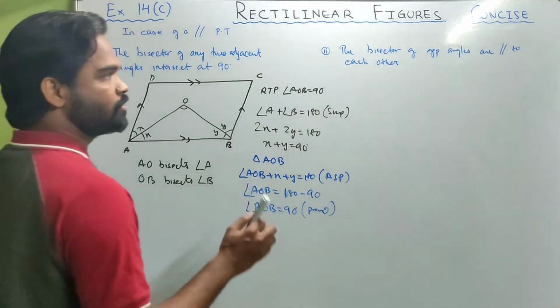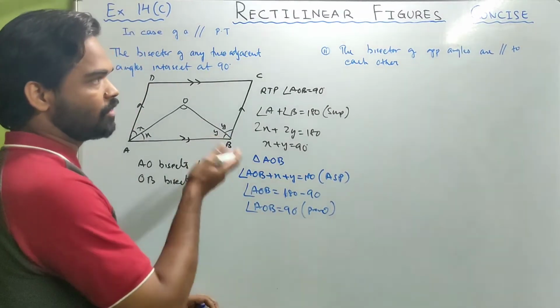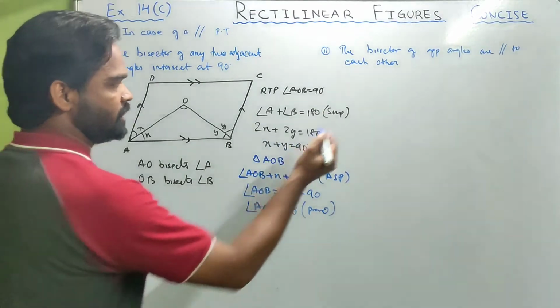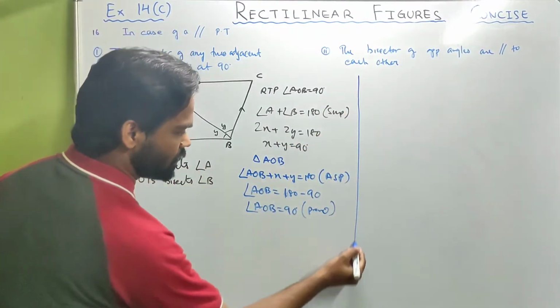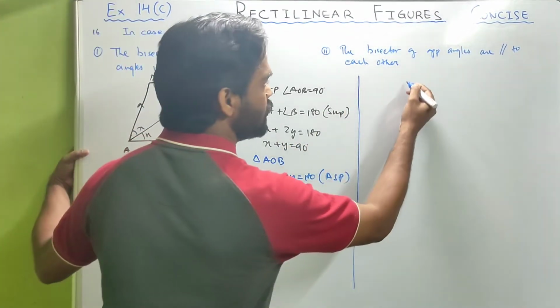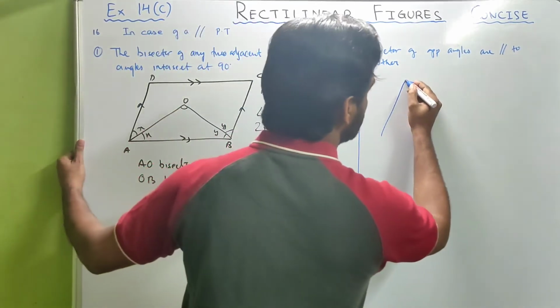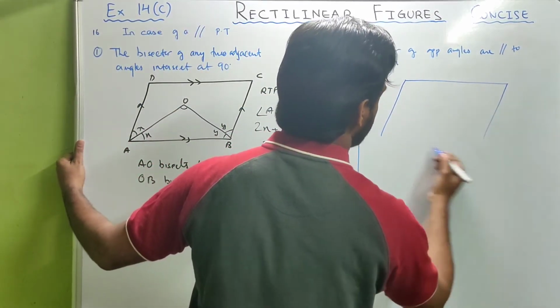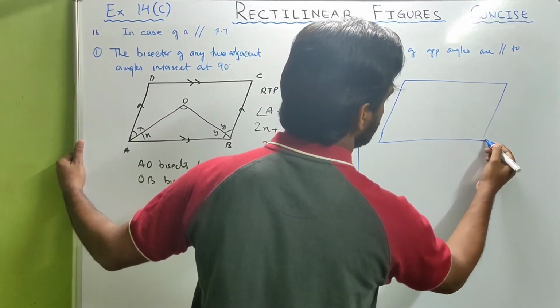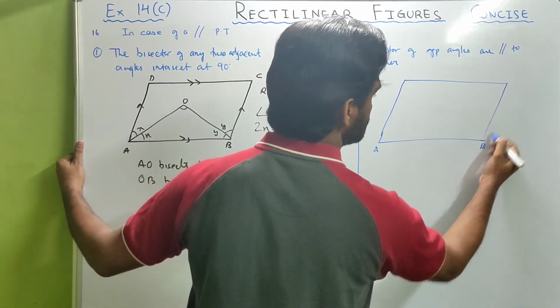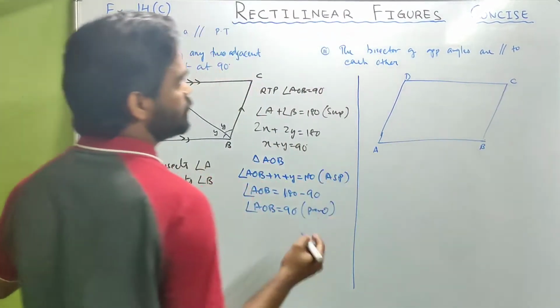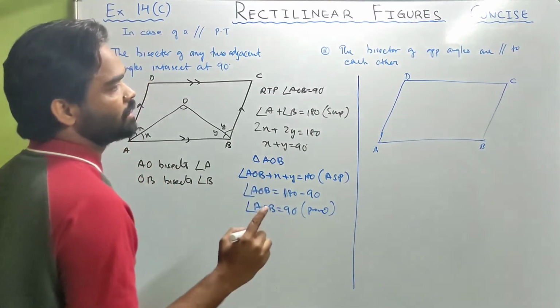Okay, look at the second part. The bisectors of opposite angles of a parallelogram are parallel to each other, which means just draw the diagram. If this is your parallelogram, suppose ABCD, the bisectors of opposite angles are parallel.